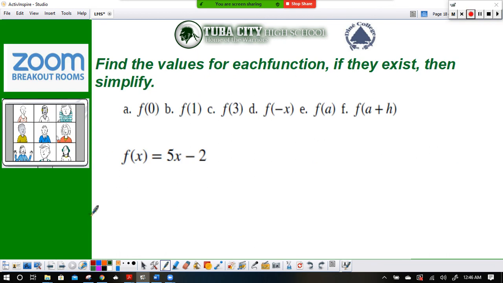Now I will give you time. I will assign you to different breakout rooms and I want you to try this problem. We will find the values for each function if they exist, then simplify. Given this function, which is a linear function, we will evaluate this function at 0, at 1, at 3, at negative x, at a, and at the quantity a plus h.